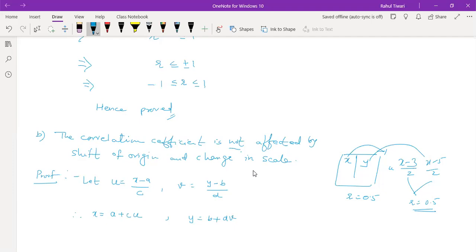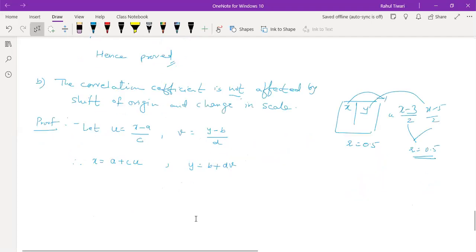Now can you calculate X bar from here? What could be your X bar? X bar is equal to A plus C times U bar. Correct. So X bar is equal to summation of X upon N, as per the usual definition. So this is equal to summation of (A plus CU) upon N. If you look at summation of a constant, you remember what the summation of a constant is?